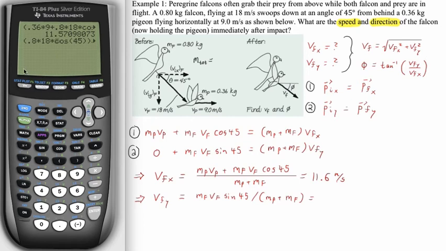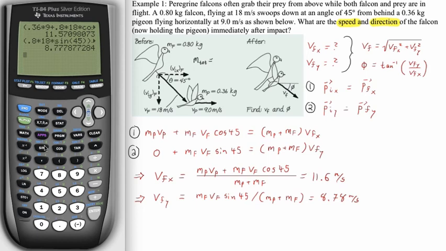Let's change this to a sine. Okay, that should be fine. Alright, 8.77. And that makes sense that we'd have a greater x component of the final velocity because there was more motion in x, more momentum. And so the angle should carry through as being smaller than 45. And that's what we'll see soon enough, the actual value of that. So 8.78 meters per second.